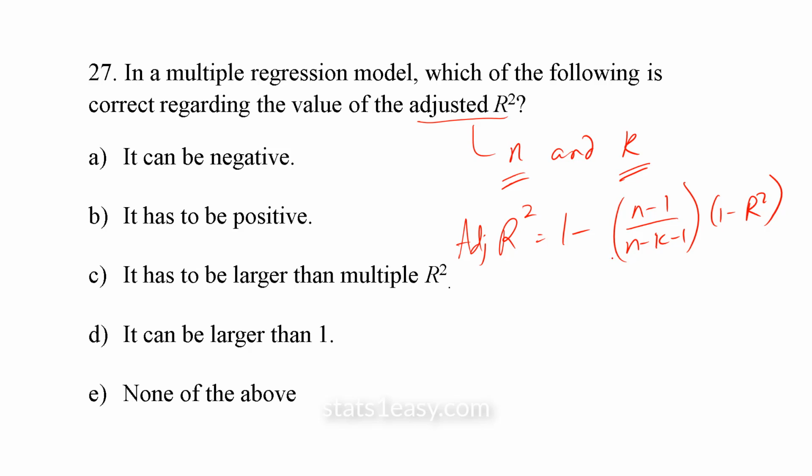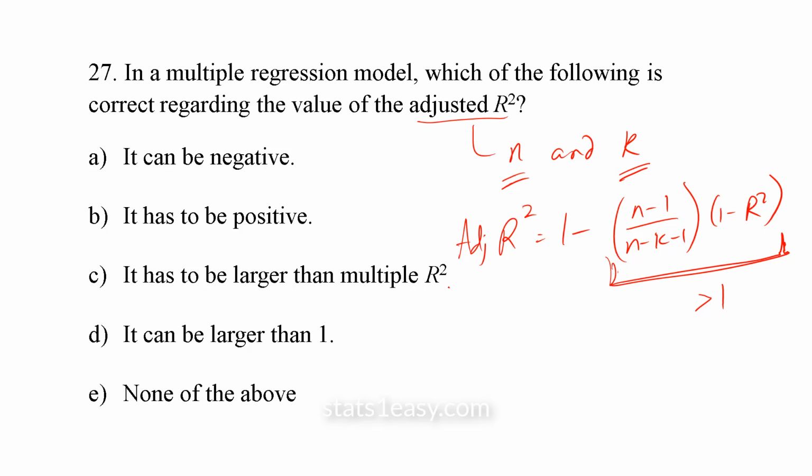So it is possible for it to be negative because of this formula, because depending on the value of K or the value of N, sometimes this here can be greater than 1. And in that case, adjusted R squared could be negative. So it doesn't have to be positive.